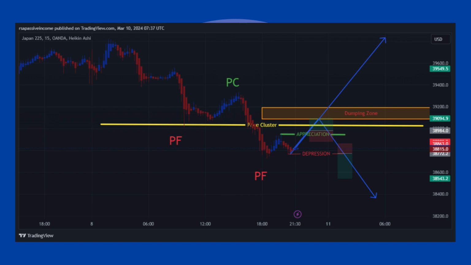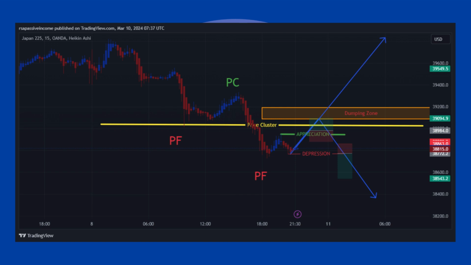So like I said, if the price breaks up, I'll put 10 pips above the appreciation level, my stop loss somewhere here, and first observe if the price is not going to turn from my dumping level and go back to the downside. If I enter this position, I'll clearly observe what the price action is on this level.